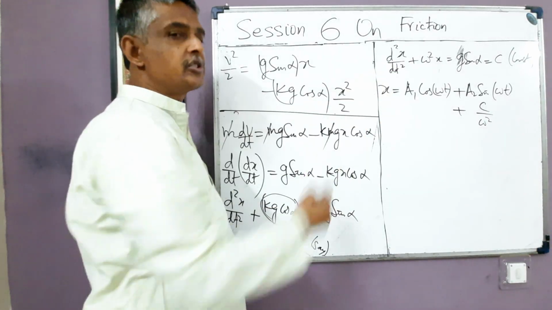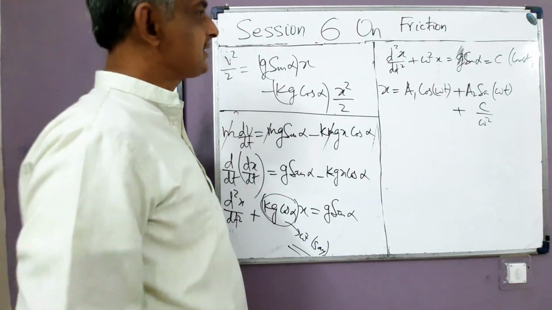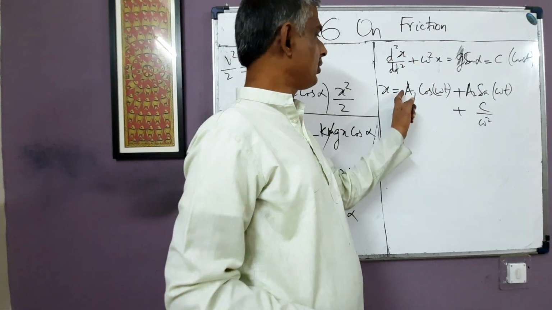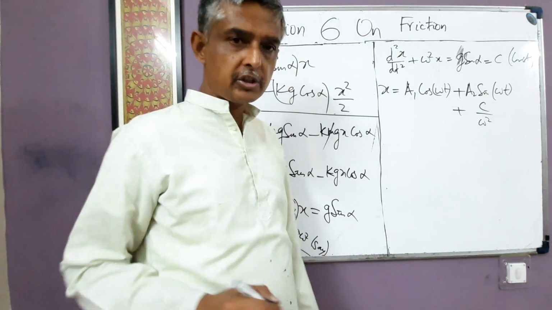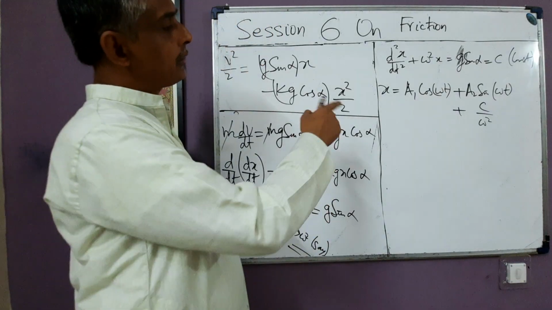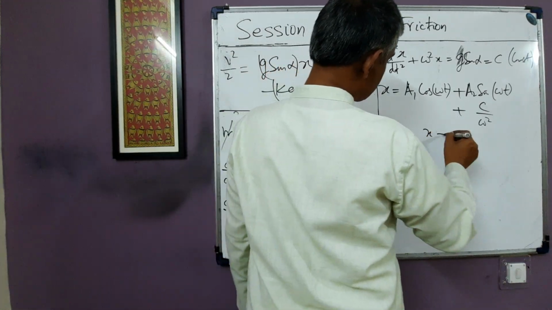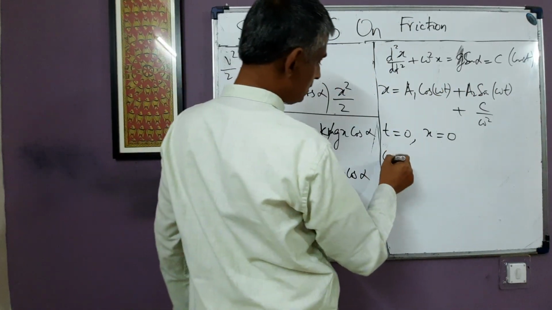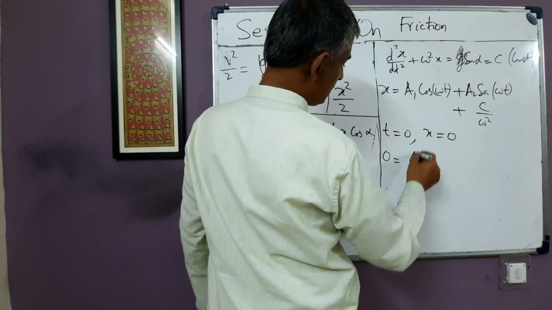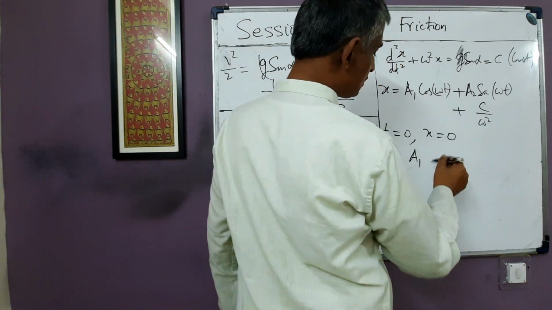Now a1 and a2 are two constants, and c you know is g sin alpha. To find these two constants, we need two conditions. At time t equal to 0, x was 0. So I substitute x equal to 0 and t equal to 0. Cos 0 becomes 1, so a1 cos 0 becomes a1. a2 sin 0 becomes 0.